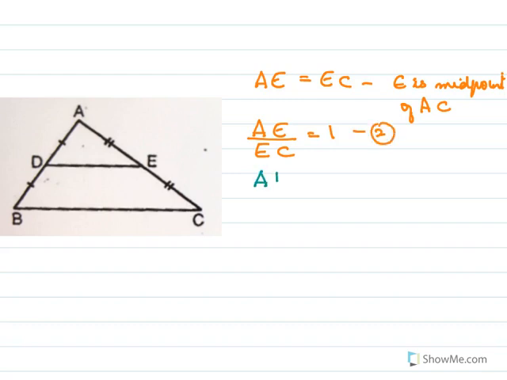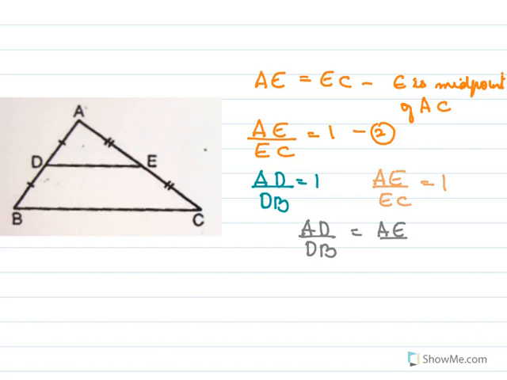This is equation 2. So earlier it was given to me that AD over DB equal to 1, and now I have proved AE over EC is also equal to 1. On comparing both these, I can say that AD over DB equal to AE over EC. Let me write this out.